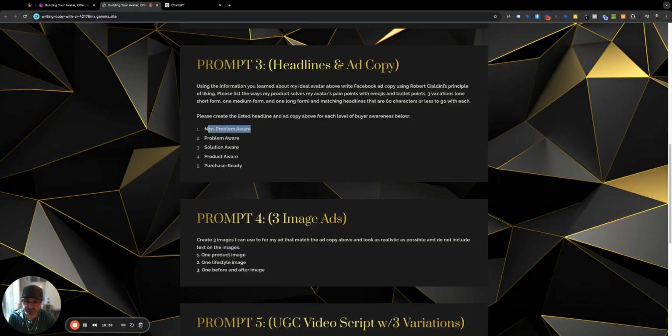So non-problem aware, and the next one, problem aware. These are all people in different awareness levels. So it's going to write 3 ads for each of these: 3 body copy, 3 headlines for people that are non-problem aware, then problem aware, then solution aware, then product aware, and then purchase ready. So if they say 3 ads for each, it will be 15 ads total.